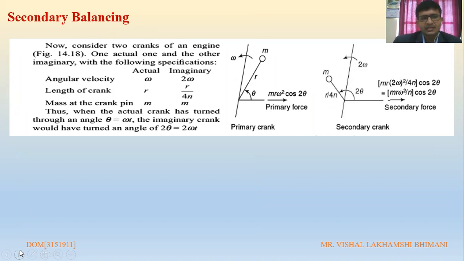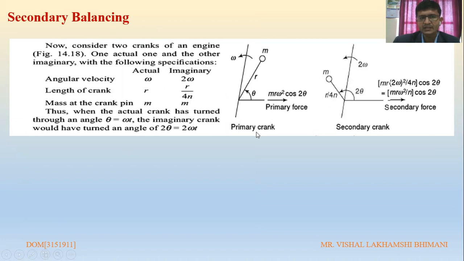Thus when the actual crank turns through an angle theta equal to omega t, the imaginary crank would turn through an angle 2 theta equal to 2 omega t. In the diagram, the mass m makes the angle theta, and the force is m r omega square cos theta, the primary force.